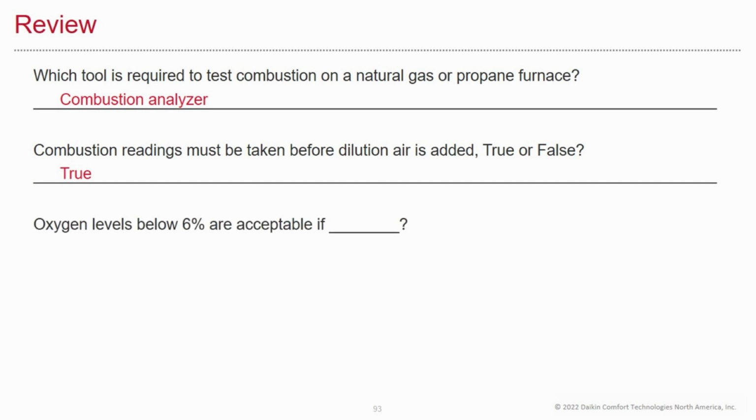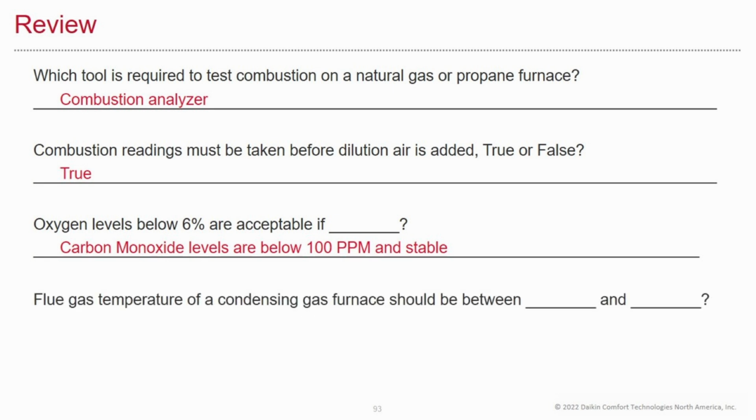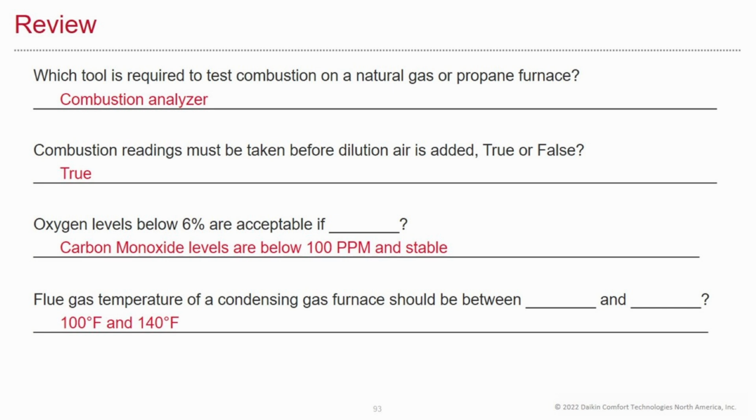Oxygen levels below 6% are acceptable if the carbon monoxide levels are below 100 parts per million and stable. Flue gas temperature of a condensing gas furnace should be between 100 degrees Fahrenheit and 140 degrees Fahrenheit.